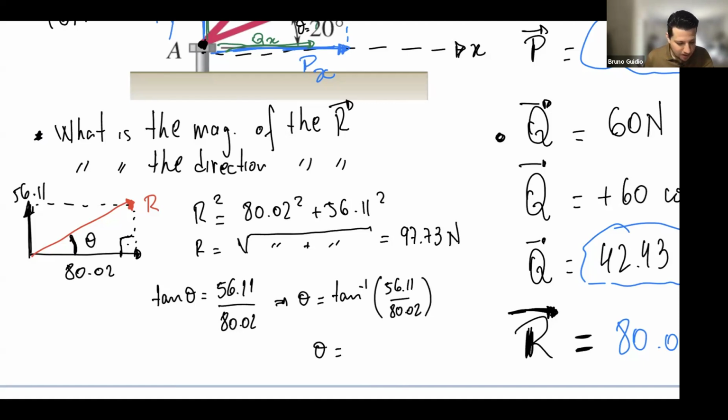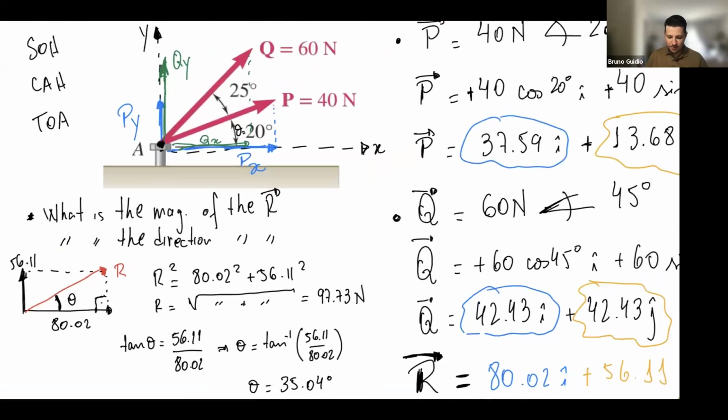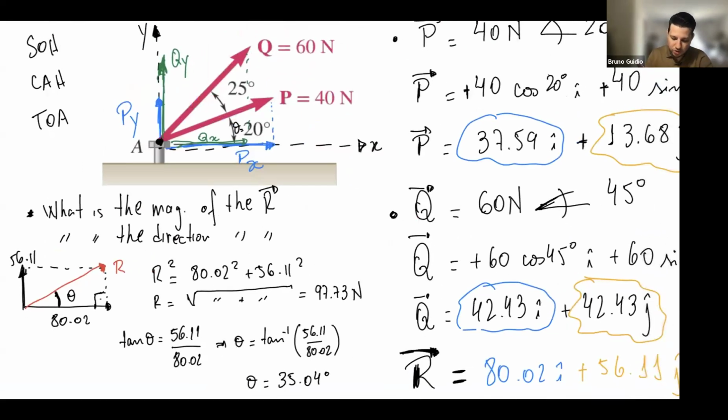The angle is going to be, I have here 35.04 degrees. Okay? So once we sum those two vectors, we're going to have a resultant of 97 going 35 degrees.